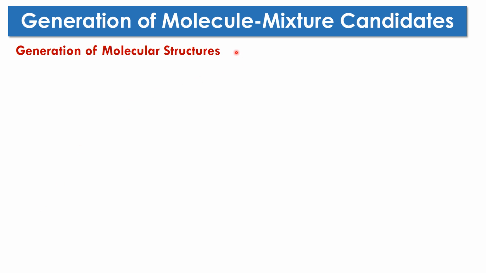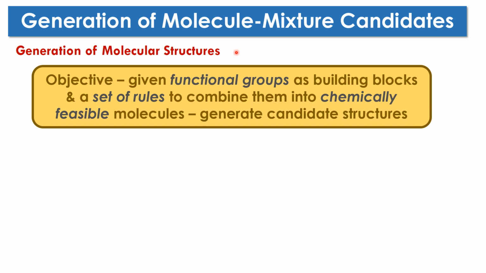So what is the objective of this step? Given the functional groups as building blocks and a set of rules which will advise us to combine the functional groups into chemically feasible molecules, we generate the candidate structures.